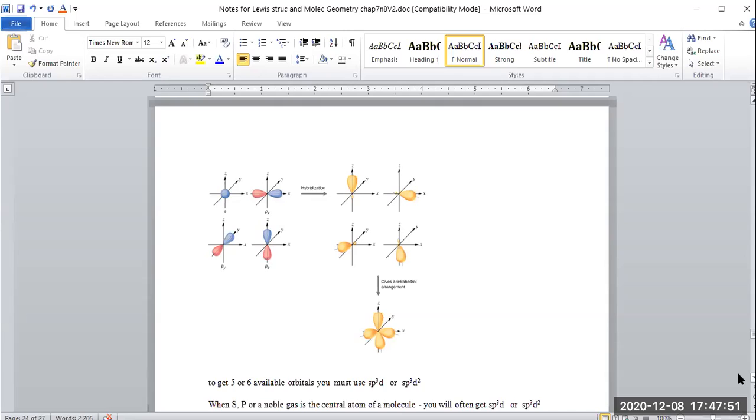Now, we've seen a few rule breakers. We've seen a few that violated the octet, and not just boron. Boron violates the octet on the lower end. It has less than an octet. But we've also seen a few, especially when we talked about resonance, that violated the octet in a more expansive way.